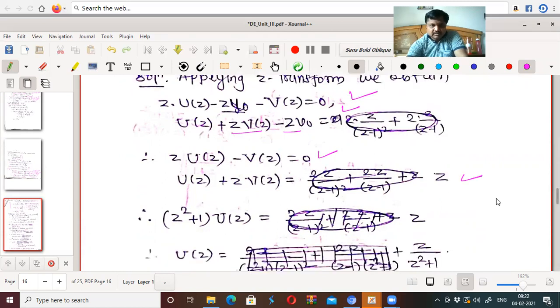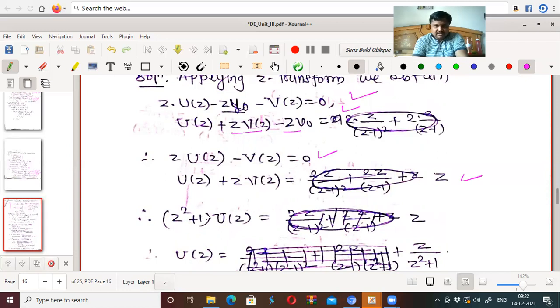Therefore now what we can do, multiplying this by z. So I will multiply this by z. What will happen? Z square uz minus z vz equal to 0, and this becomes uz plus z vz equal to z, and then taking addition.